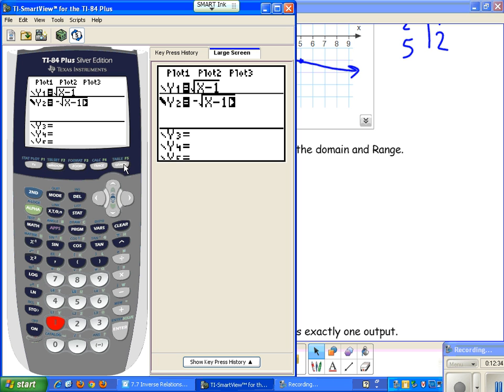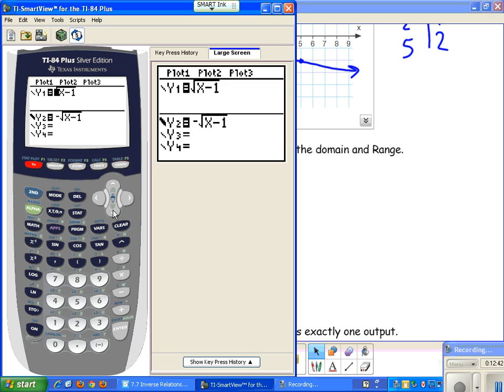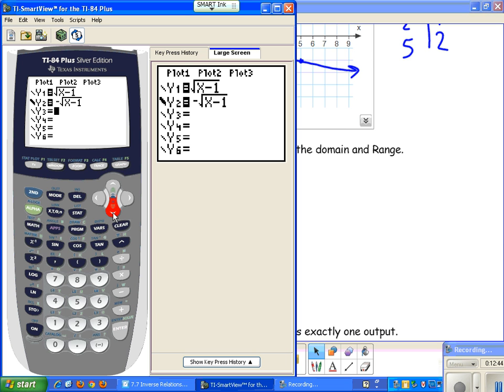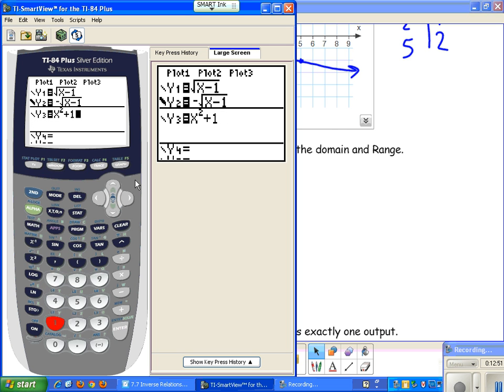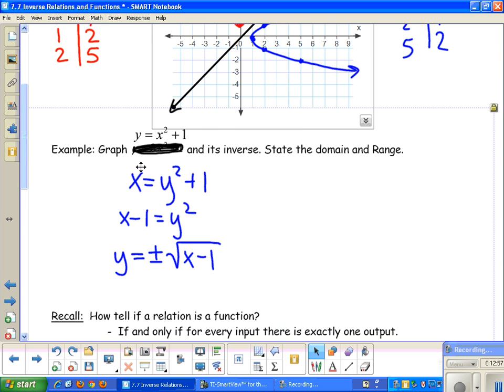And when I graph these, notice I get my parabola. Sorry, one's thicker because I have it thicker on my graph here. So if I go back here, and I also graph my other equation, which was x squared plus 1, my original equation, it's right here. So that's what our graph looks like, so we know we did it correctly.